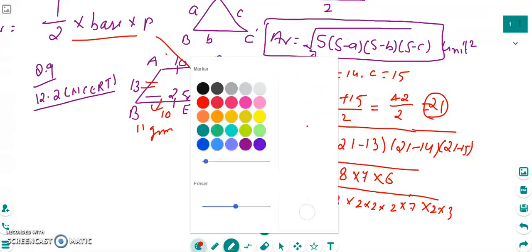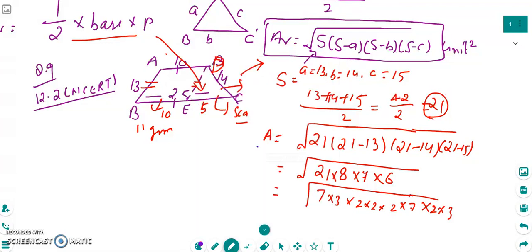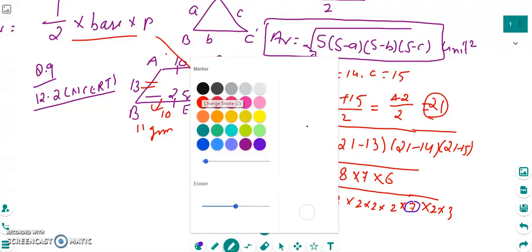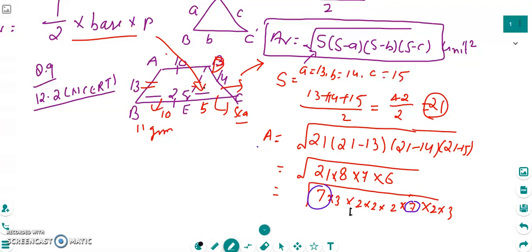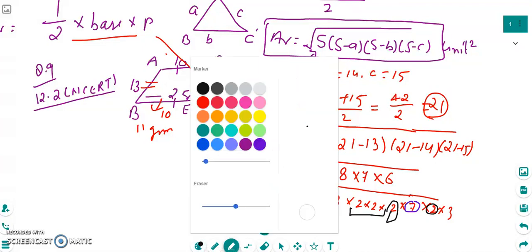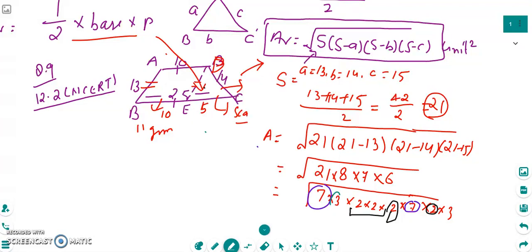So let me put these in pairs. This 7 and this 7 will come together. These 2s will again come in pairs, and for the last pair, here 3 and 3.